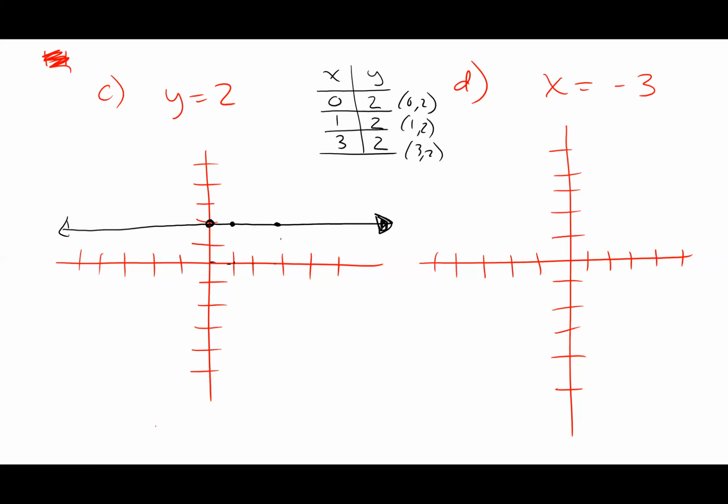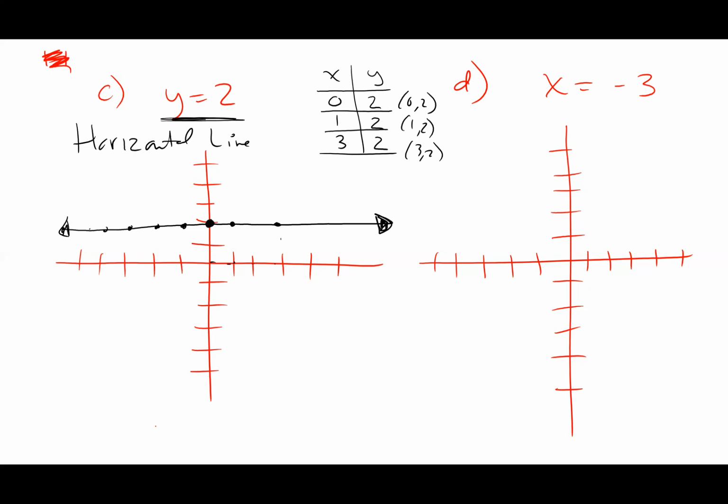Okay, so you don't need to do the table. You just need to recognize when you have y equals some kind of number, automatically you have yourself a horizontal line that goes through the y coordinate of 2. In fact, if you look at it, all these have a y coordinate of 2.